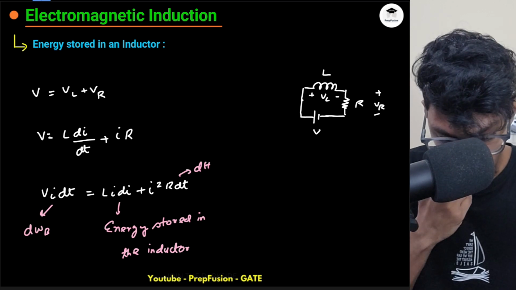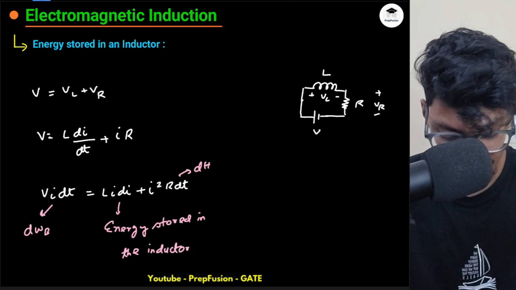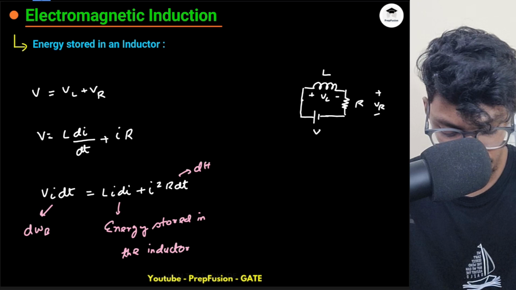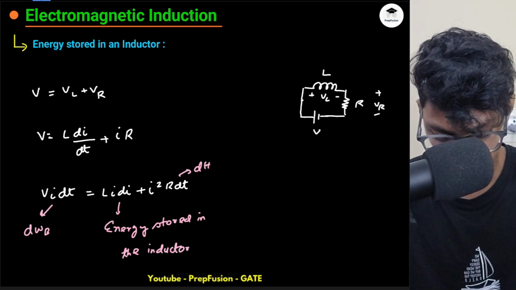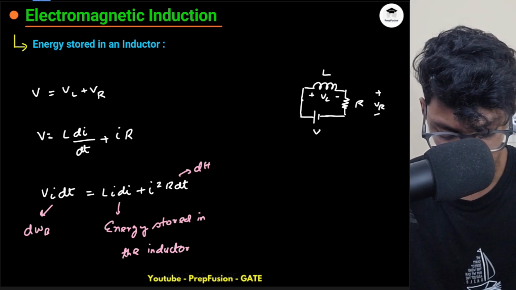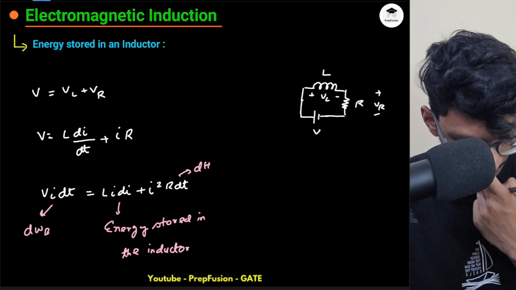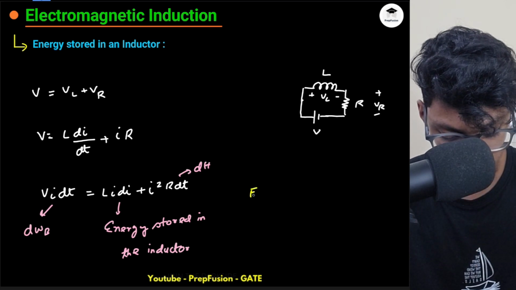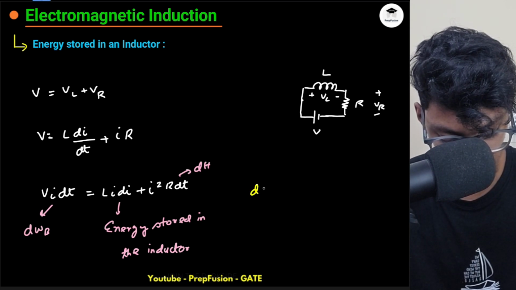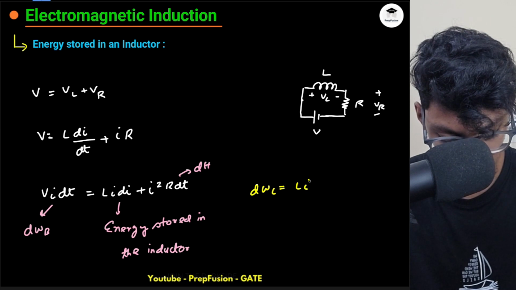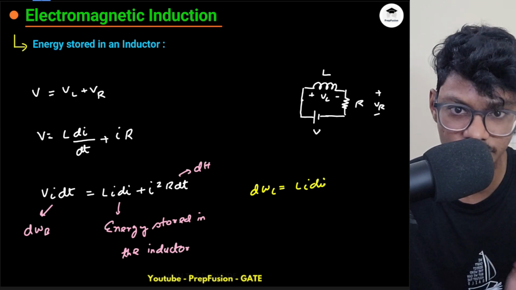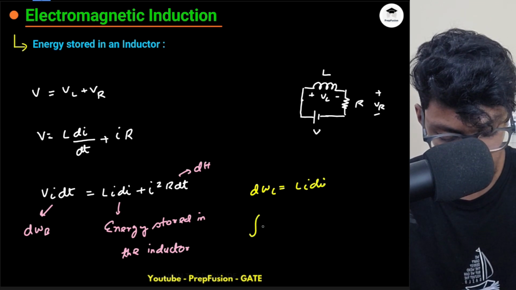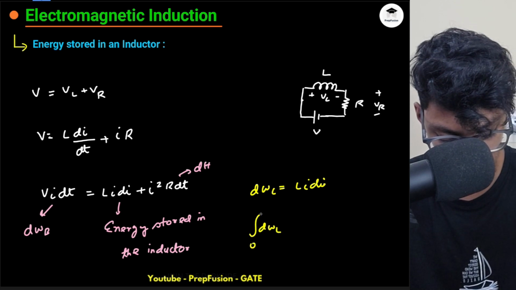So this must be the small energy stored in the inductor, so dW_L will be L I di. Now if I integrate, what will be the total energy stored in the inductor?